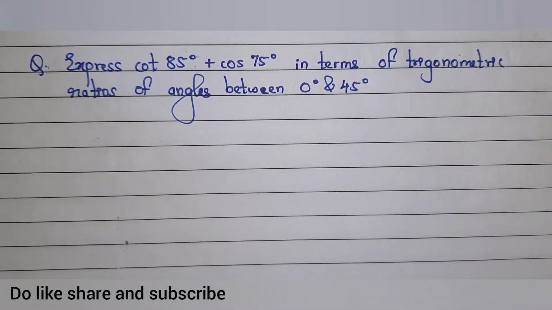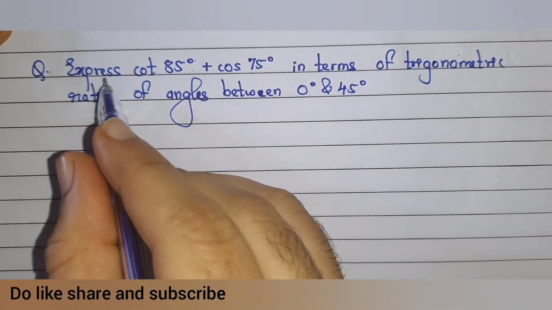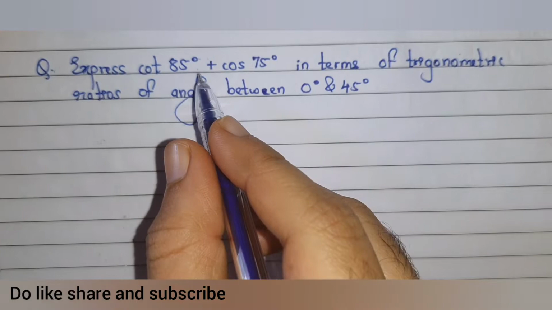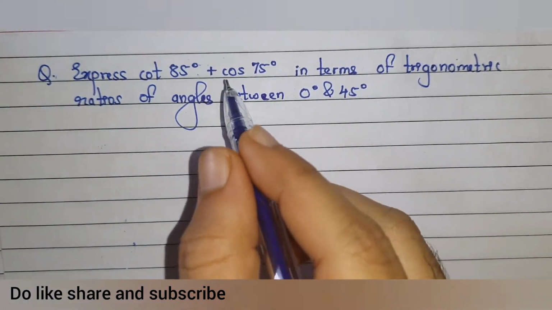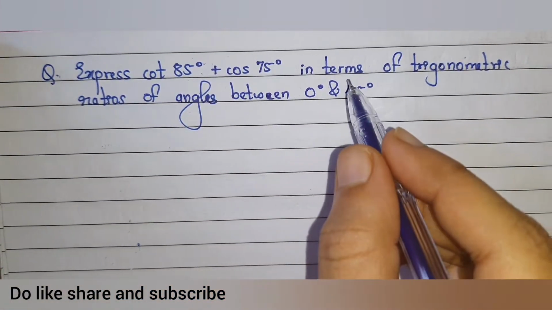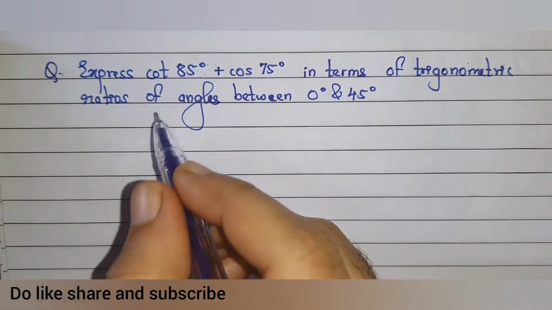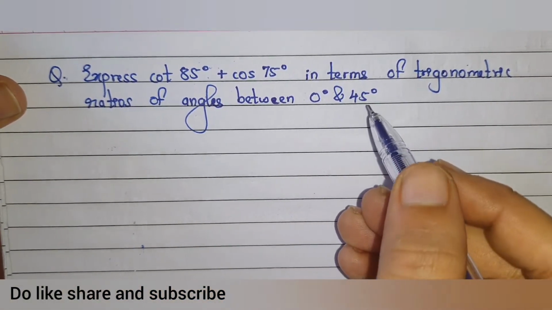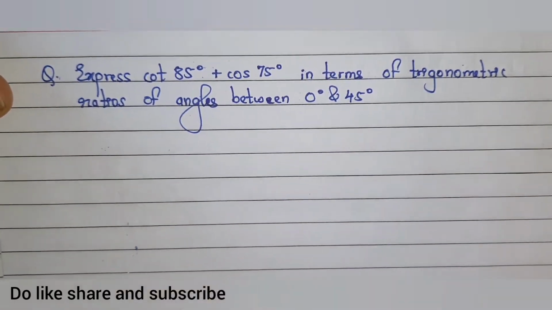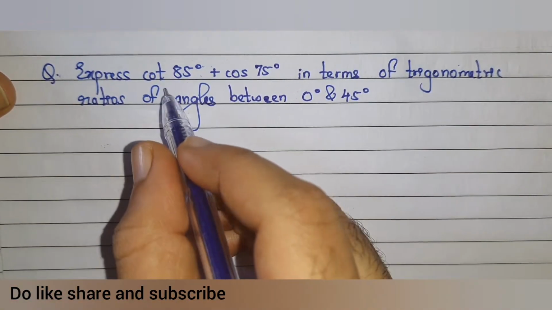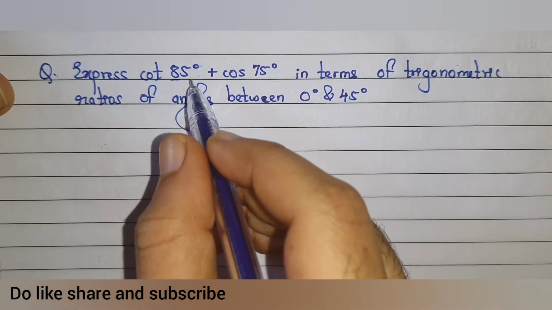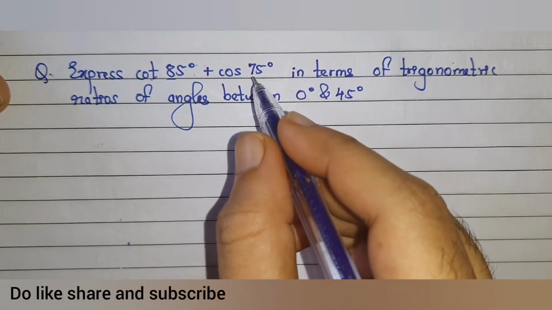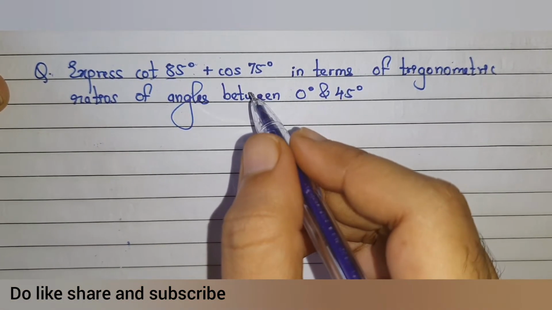I am here with a new question of trigonometry. Express cot of 85 degrees plus cos of 75 degrees in terms of trigonometric ratio of an angle between 0 degrees to 45 degrees. So you can see in the question, here it is cot of 85 degrees and cos of 75 degrees.